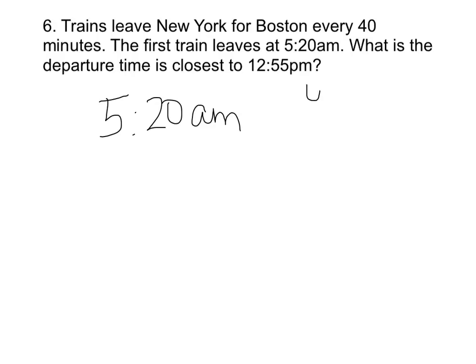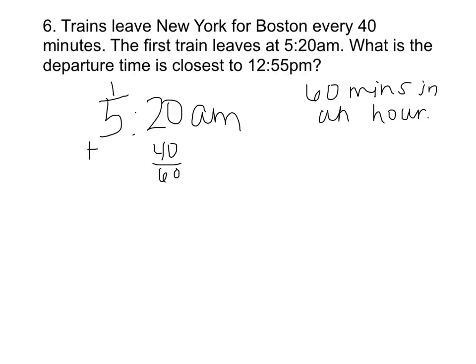Remember, there are only 60 minutes in an hour. So if I get a time where it's like 5:75, that is way wrong because that's not a time. Okay, so if I add 40 minutes, I would get 60 here, so I would have to carry it over here. It'd be 6 o'clock.